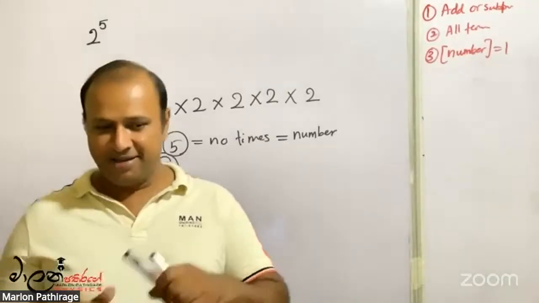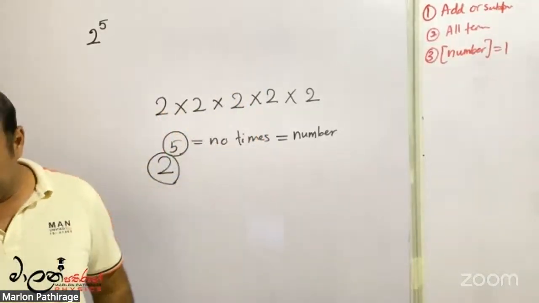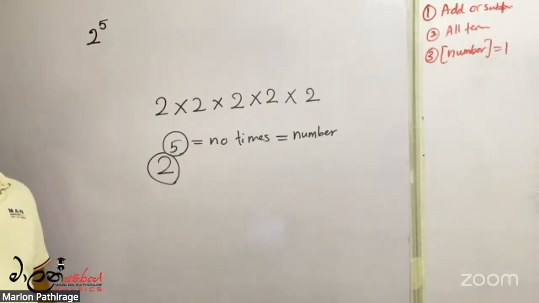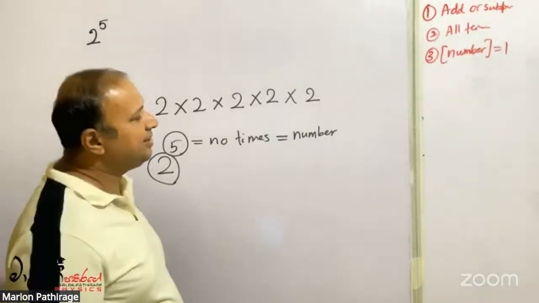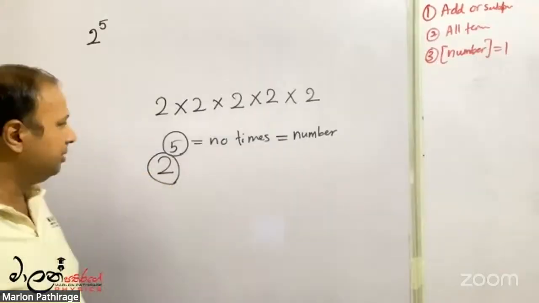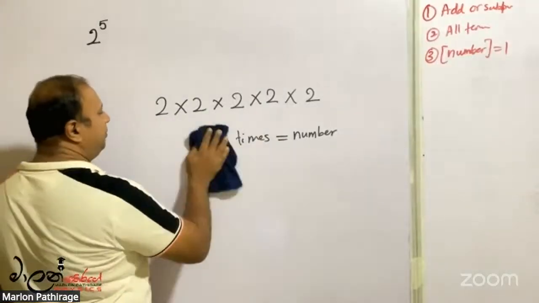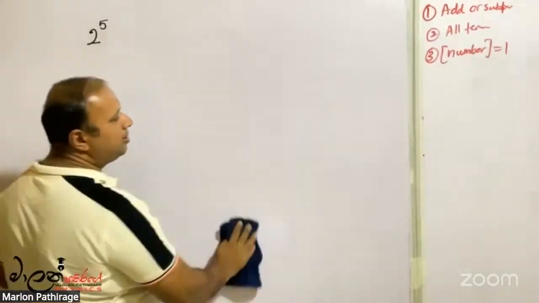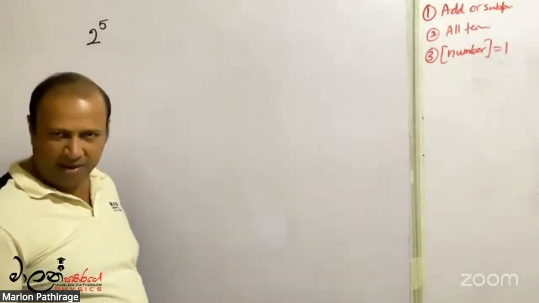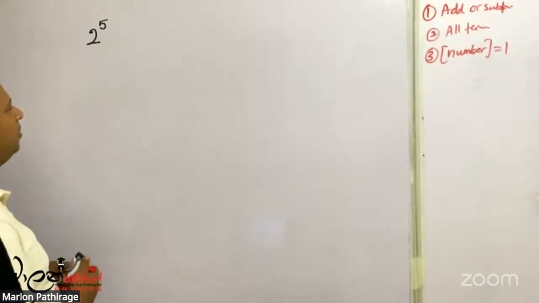Is that clear? If it is clear, please raise your hand. Therefore, the most important thing is, numbers have no dimension.